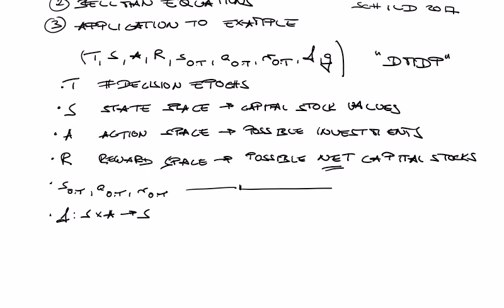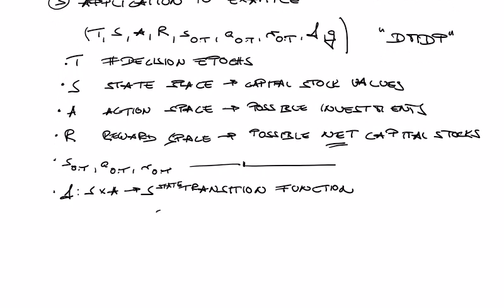F was the state transition function, and for the company, that was the function that determined the capital stock at decision epoch t+1 as a function of the state and the action at time t.